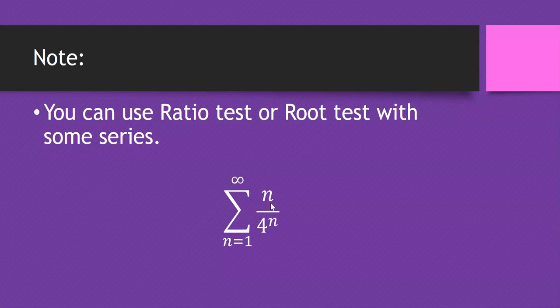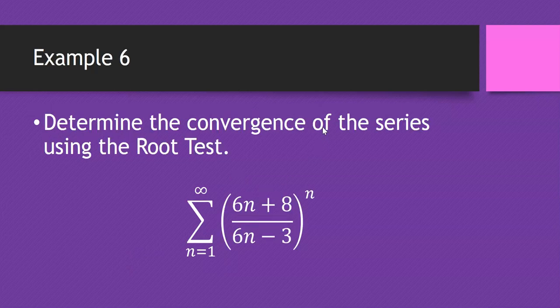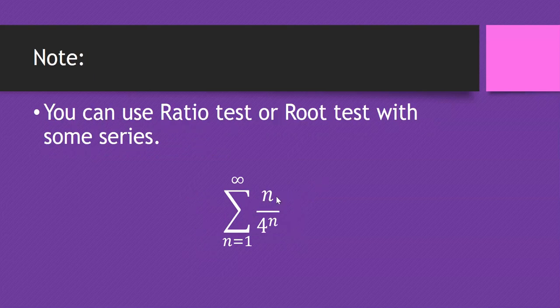It turns out this infinite series, you can use either a ratio test or a root test and get the same answer. Now, the root test is going to be a little bit trickier. I'll show you the root test first because the root test, like I said, is really good with stuff that you've raised to the nth power. This has a component that I haven't raised to the nth power, so the root test is a little bit more difficult there. But the ratio test would probably be a little bit easier.